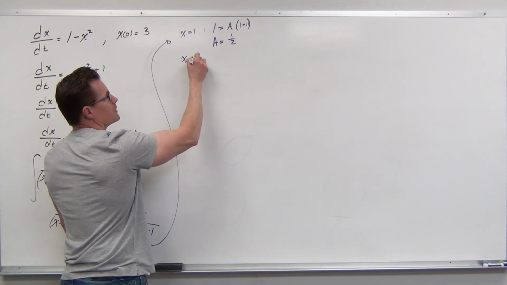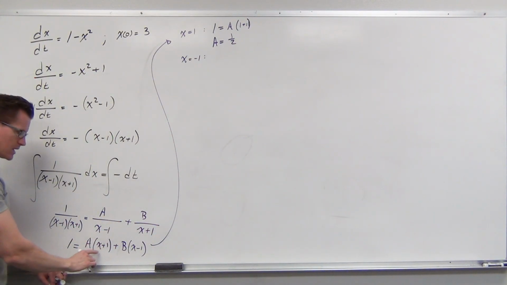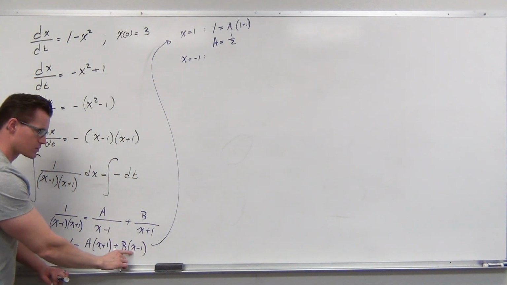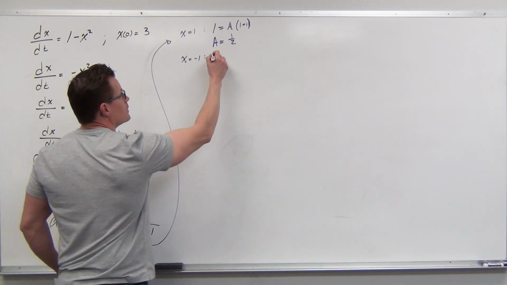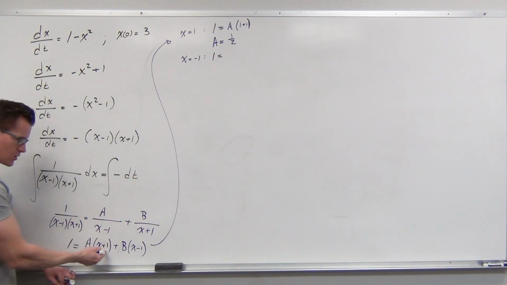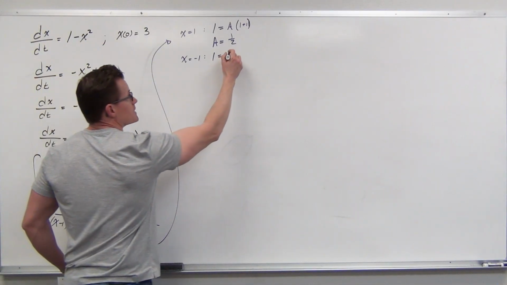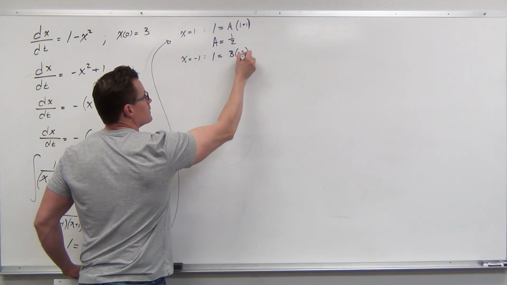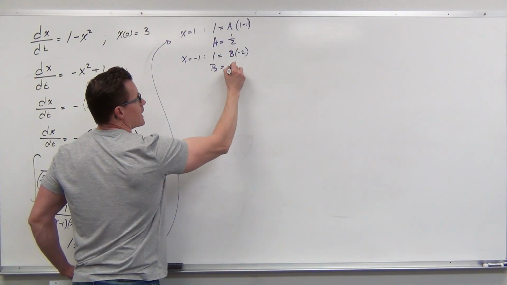Now, if x were negative 1, this would be 0, this would be negative 2. So this term is 0, this would be b times negative 2, and b would equal negative 1/2.